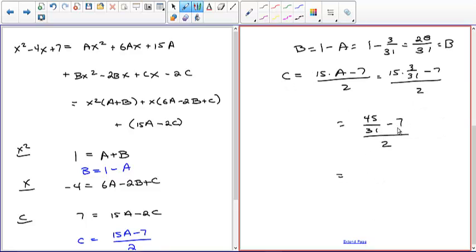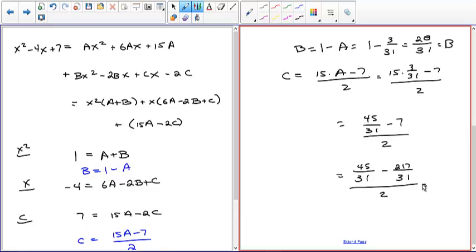And 7 times 31 is 217. So it's going to be 217 over 31, over 2.